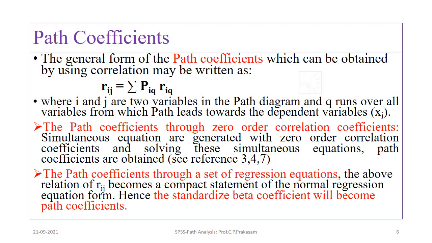You can see the references given at the end, numbers 3, 4 and 7, which clearly describe how to solve the simultaneous equations. The path coefficients to a set of regression equations in the above relation rij become a compact statement of the normal regression equation form. Hence, the standardized beta coefficients become the path coefficients.